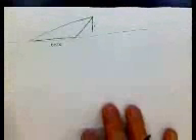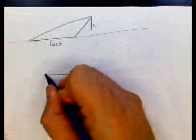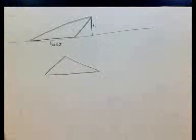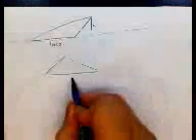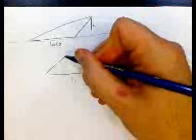Let's try another one. Here's the triangle. Bottom one we'll call the base. The height is from the opposite vertex straight down.